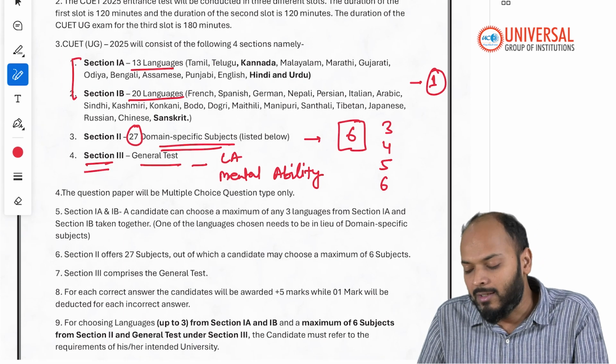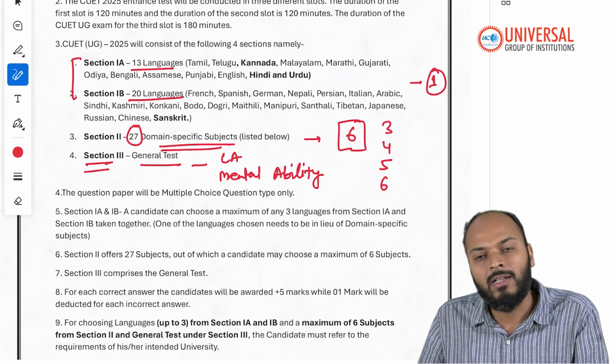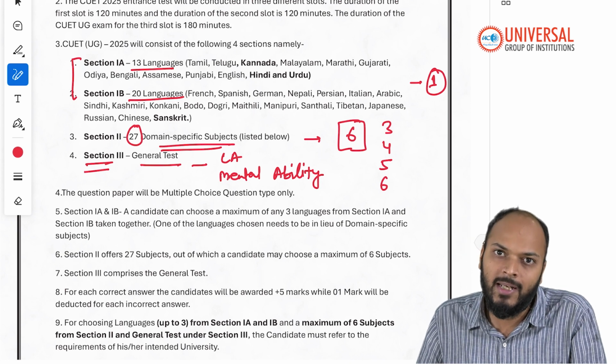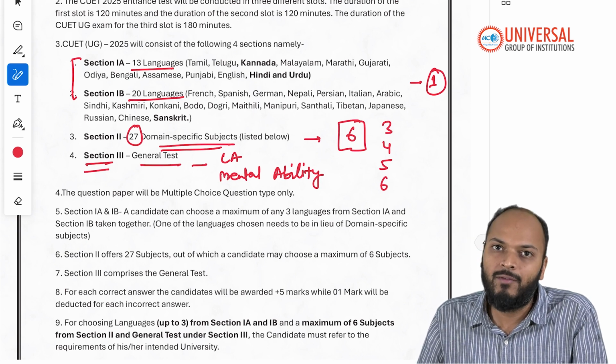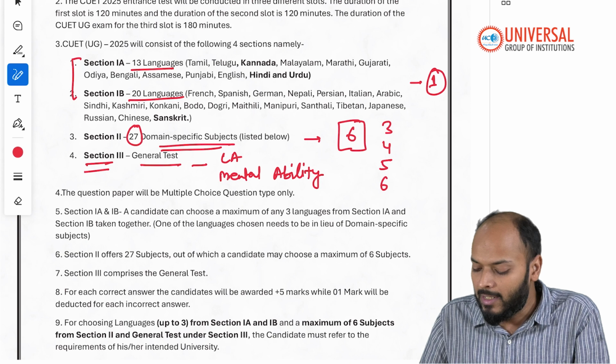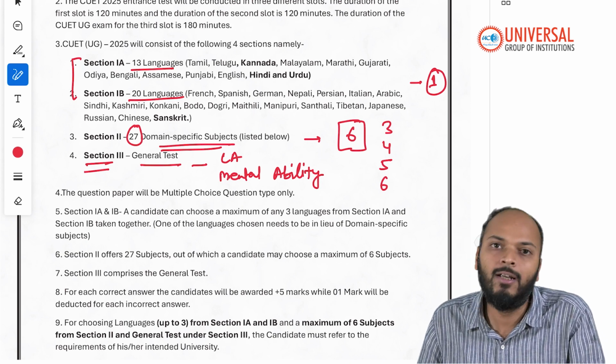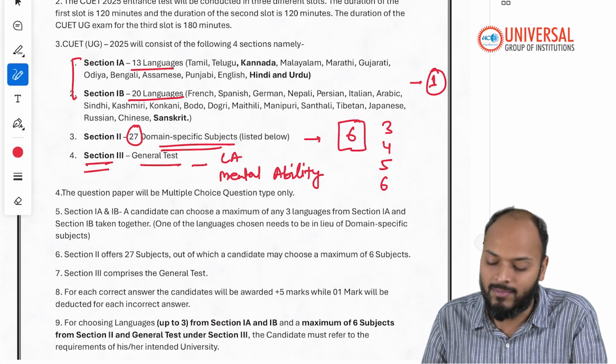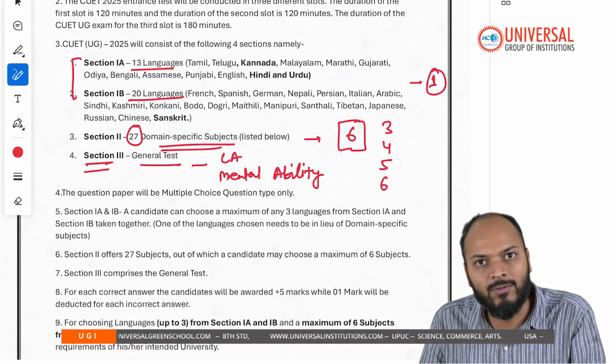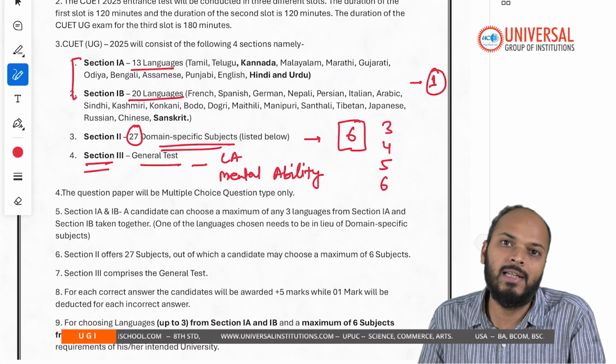Now you see, it varies from university to university. For example, if we take the example of Delhi University, it wants you to write one language paper and at least 3 domain subjects, and most of the colleges of DU want you to attempt the general test also.